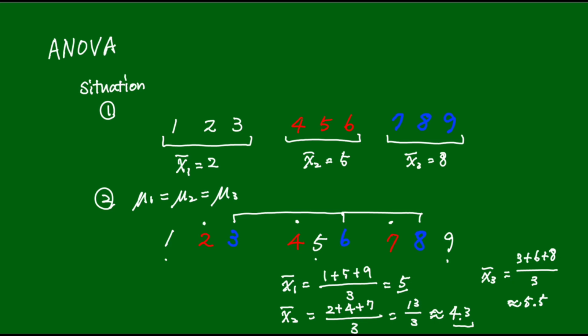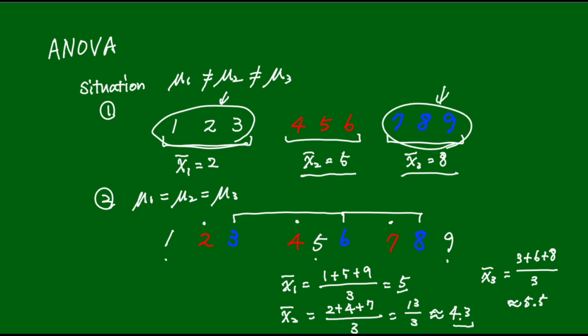However, when I get situation 1, with 2 for the sample mean of group 1, 5 for group 2, and 8 for group 3, I wouldn't say these are the same. Because we can clearly see that group 1 is related to the lower numbers, and group 3 is related to numbers relatively higher than the others, right?